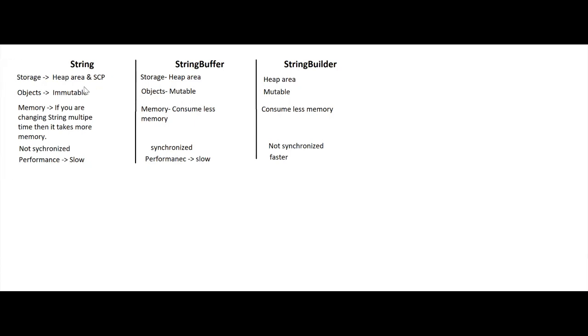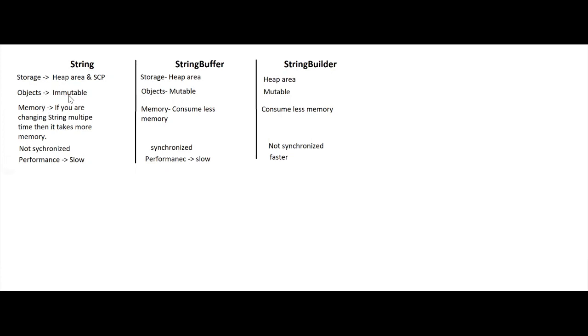And String, as I already told you in the first class, is an immutable object. You cannot modify the string. If you want to modify it, then it will create another object under the string constant pool area.